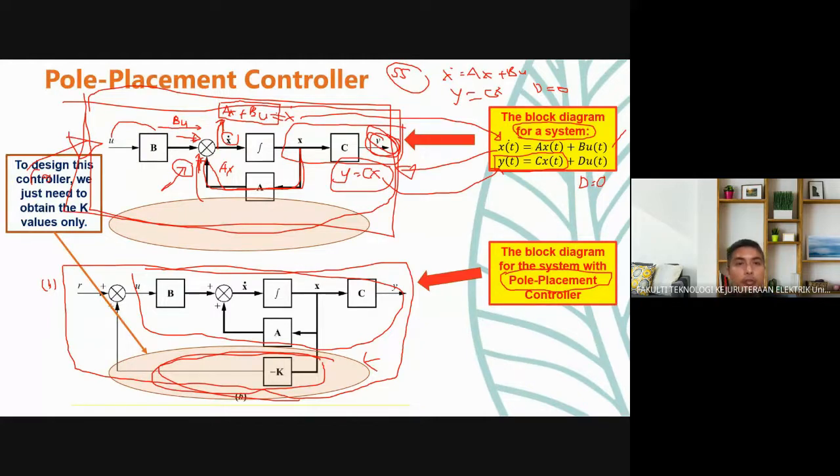After you get the K values, then you have designed the pole placement controller. So this is our objective, our target. At the end, regarding the questions, you just need to find the K values only.